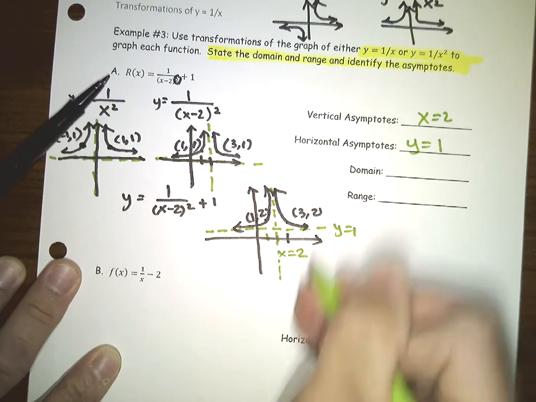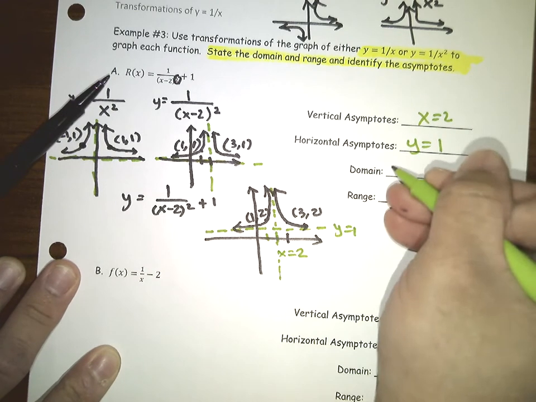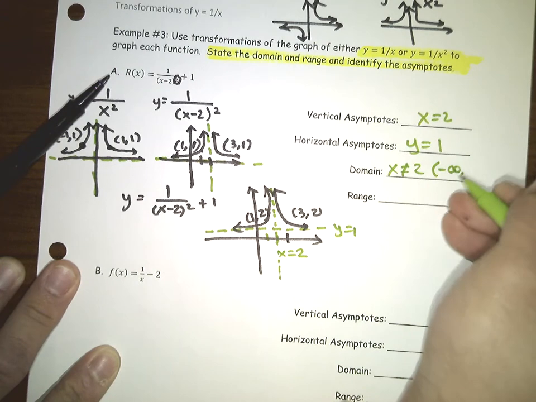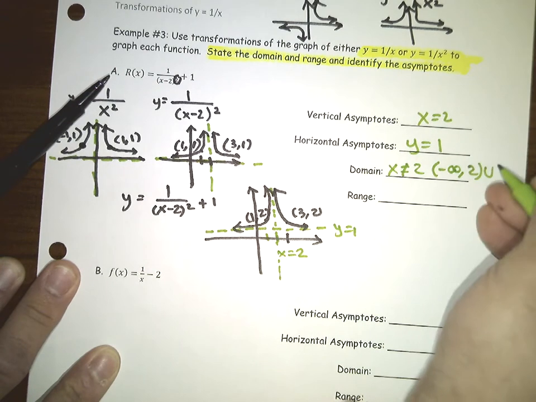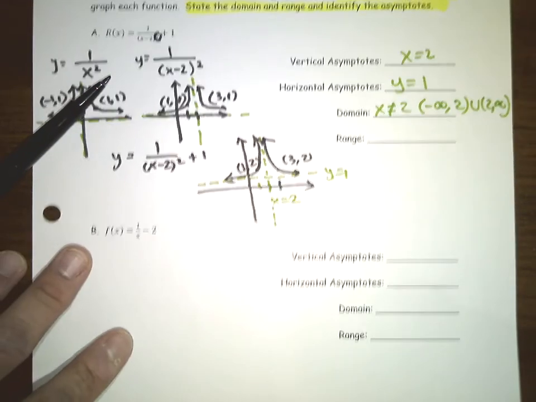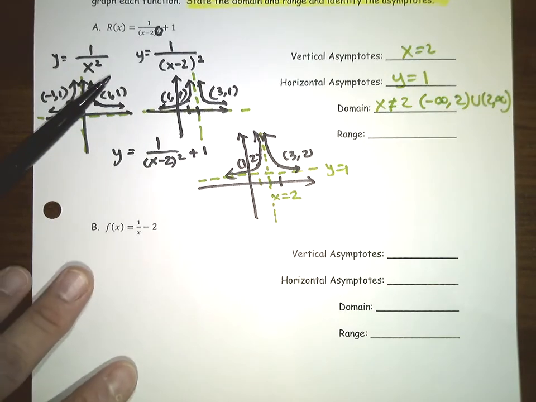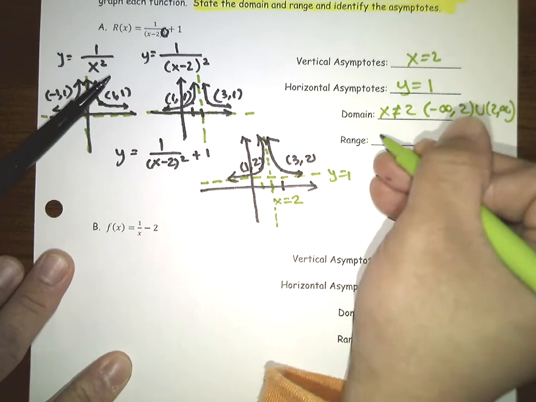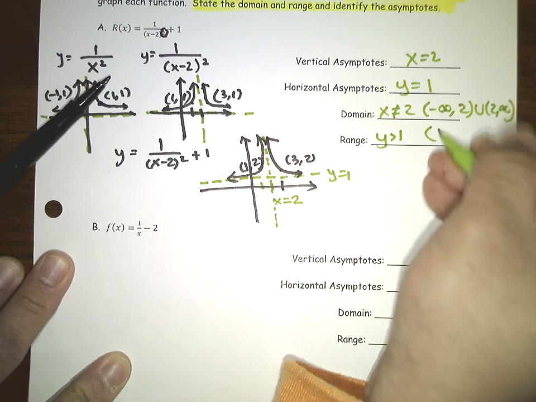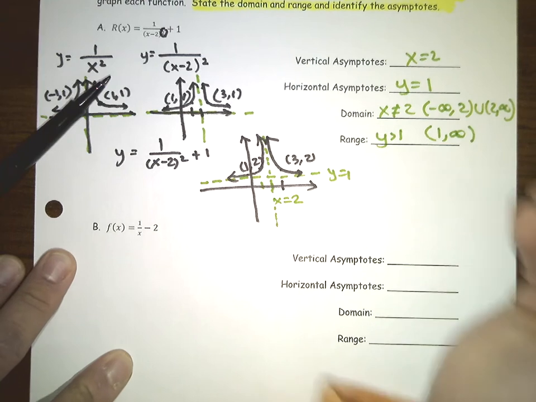For the domain, we see that x could not equal 2, so in interval notation that would be negative infinity to 2 and 2 to infinity. And then I see that the range, y, had to be greater than 1. So y greater than 1, so 1 to infinity.